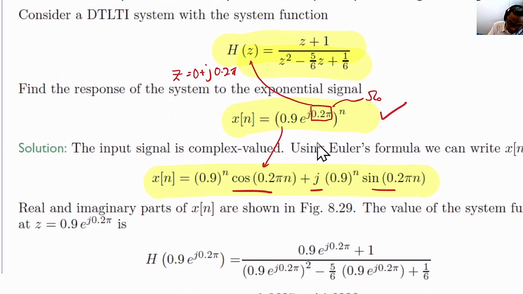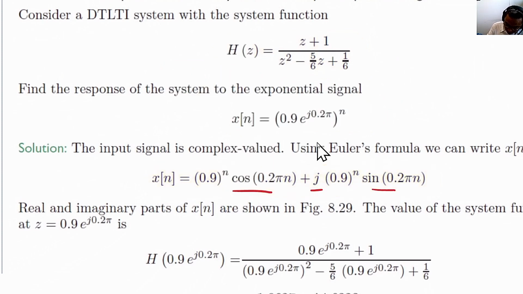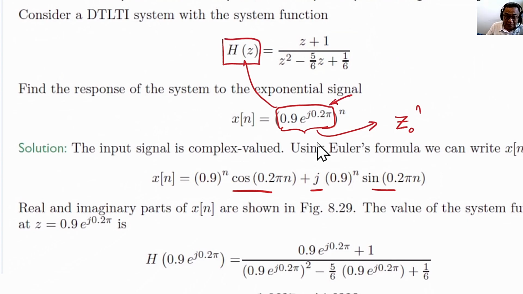I made a mistake. In this particular case, because the input is the entire signal, z0 to the power of n, we should substitute this entire value as z here to get the frequency response at this particular z.